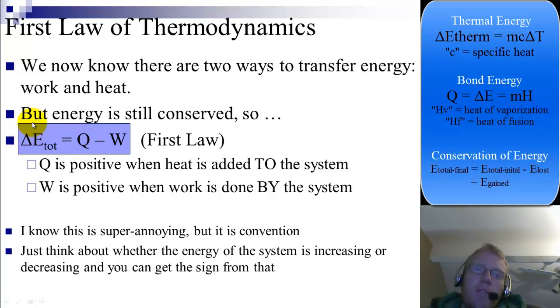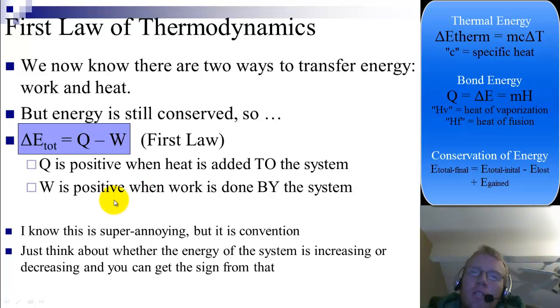It's gained energy. However, work is defined as positive when work is done by the system. But when work is done by the system, it's losing energy. It's transferring that energy to something else, whatever it's doing the work on. So in this case, if the object does work on something, the total energy has to go down because the object did work on something else. It lost energy. Hence this minus sign right here.